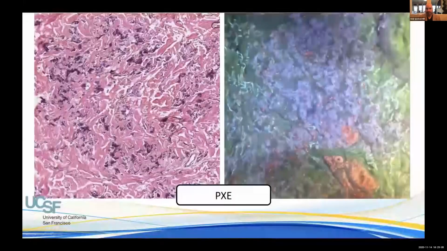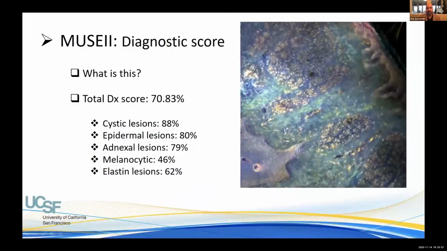cystic structure very nicely. So then when we ask the examiner what the diagnosis is, if they get it right, we call it a diagnostic score, which in cystic lesions was 88% of the people who didn't even have experience with Muse microscopy, they got the answer right. The average score was 70.83%, which is impressive.